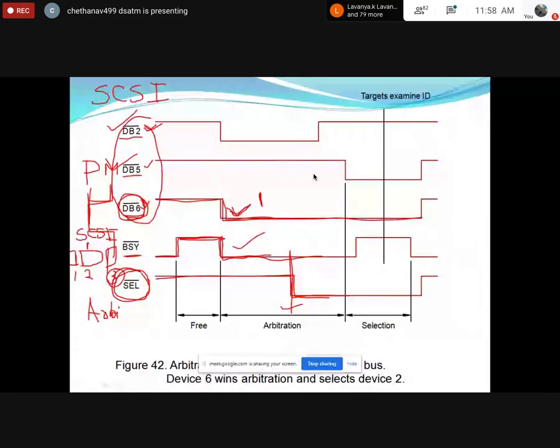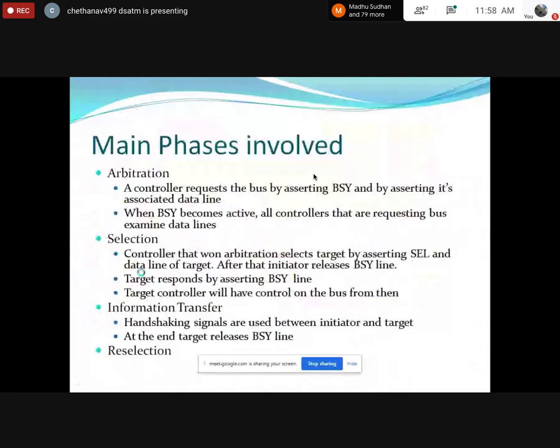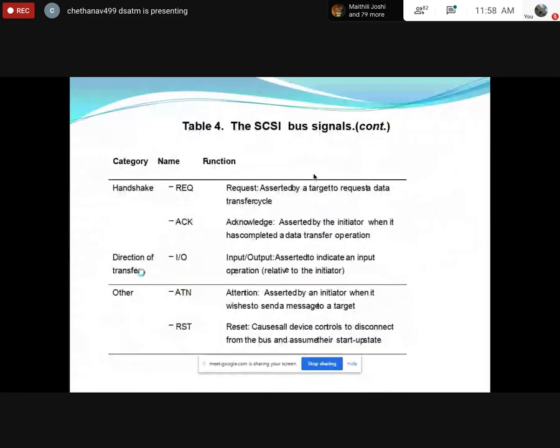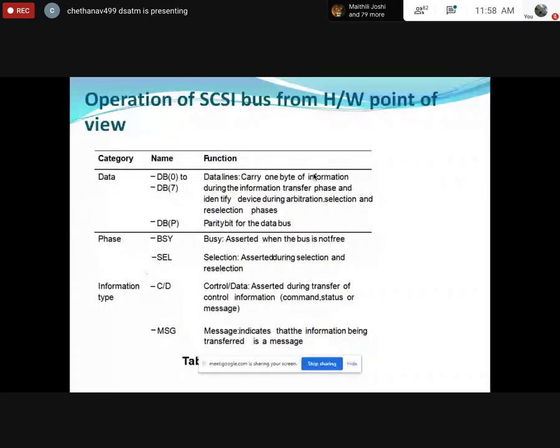Here you can see some other signals also, given very clearly. DP means data lines. As I told you, there are 7 lines for data lines, and there is one parity bit for the data bus. Depending on the parity, even parity or odd parity, you can select the device and the buses.